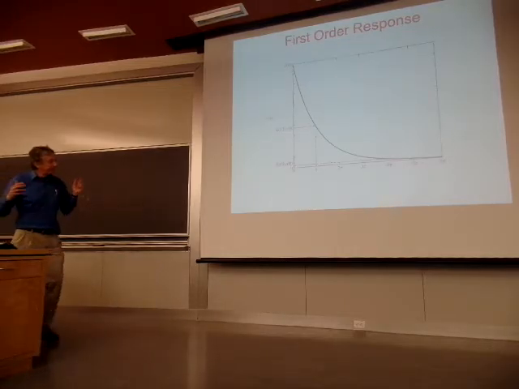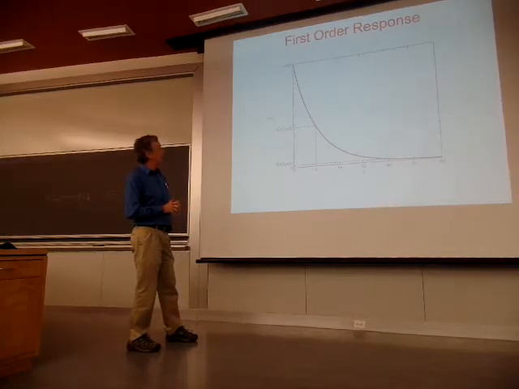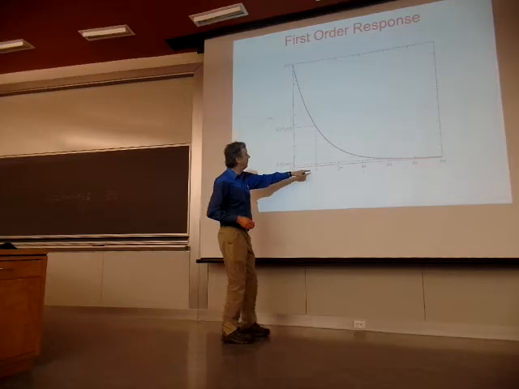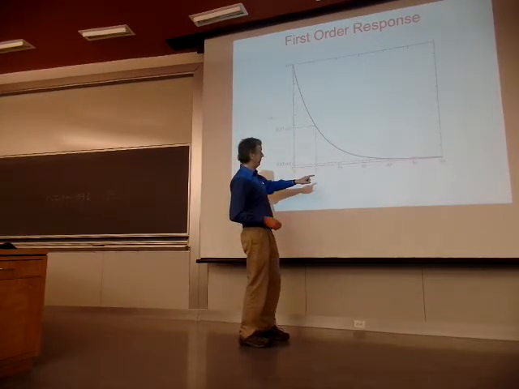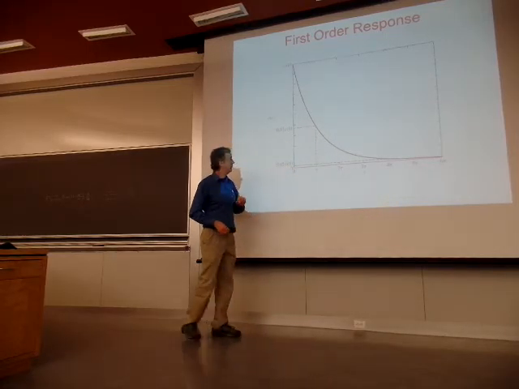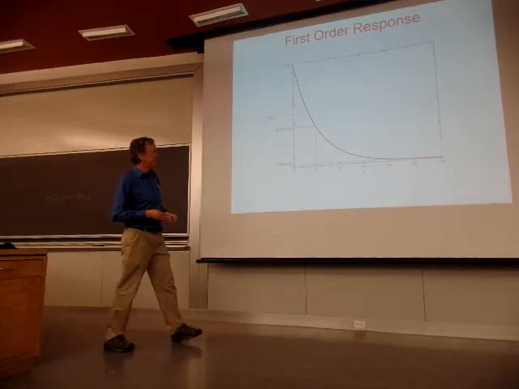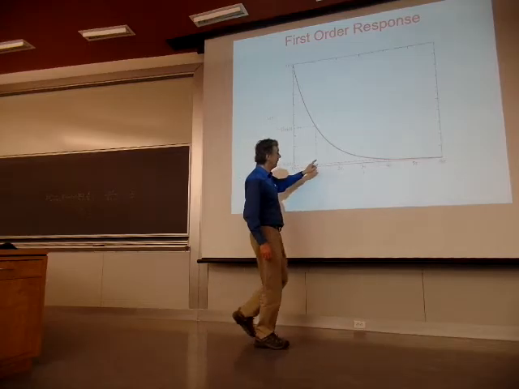If you look at the first order homogeneous solution, starting off with whatever the initial value is, one time constant is at 0.37. Three time constants is at 95% decay, or 5% remaining.